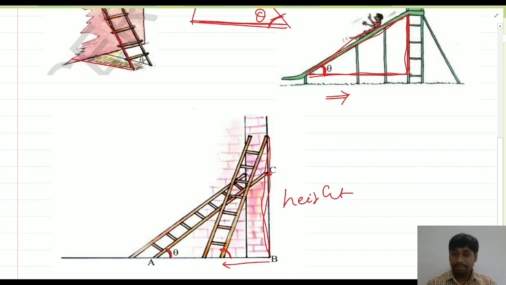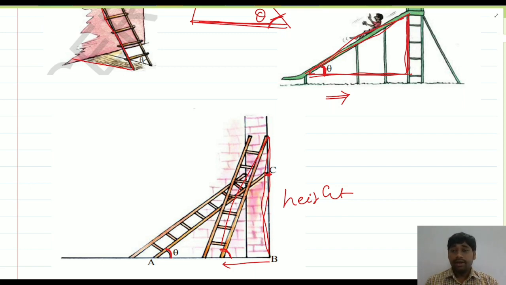For the same ladder, at two different angles, we climb different heights and can paint the wall or perform the action. In this way, we use these trigonometric ratios in different situations.